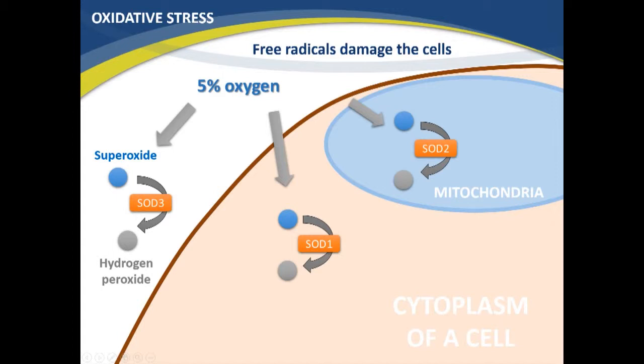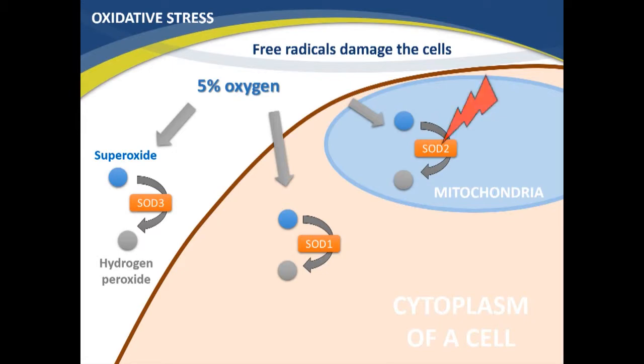The SOD3 gene does the same thing outside cells, and SOD2 does it in the mitochondria. Now, hydrogen peroxide is also a free radical, however that is then processed into other substances and then eventually it is neutralized. So this is a very critical protection that we have through these genes.